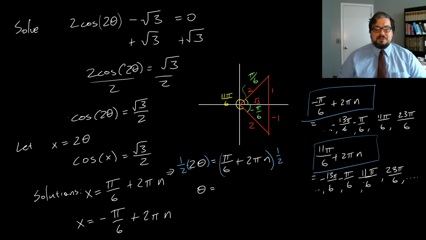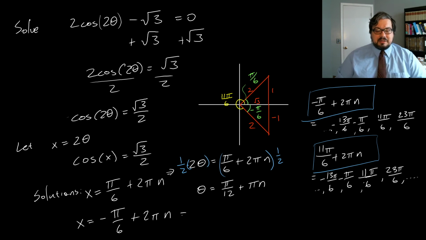So 1/2 times 2 theta is just theta. And then if we multiply 1/2 on the other side here, we just treat n as its own variable, and we'll get pi over 12 plus pi n. And that's one of our families of solutions.